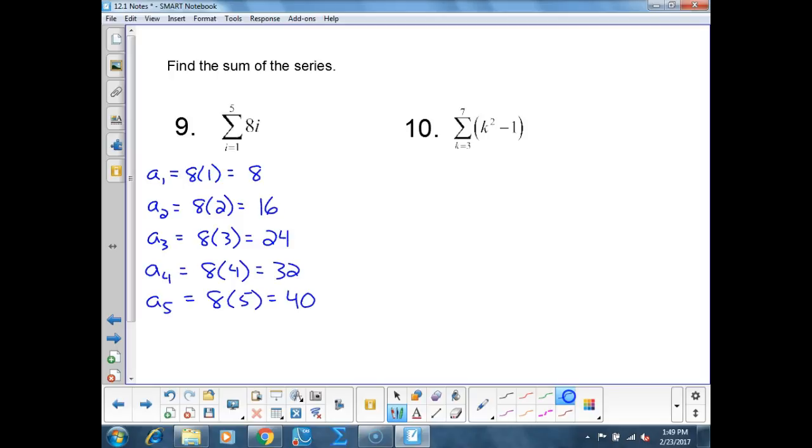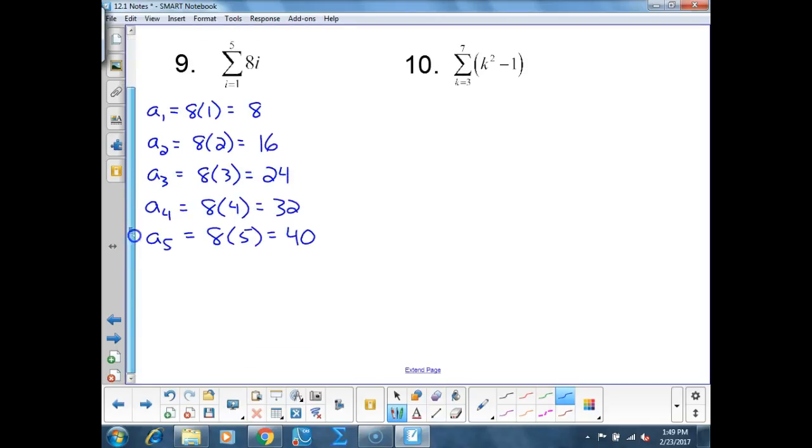Sigma notation means sum. The series is 8 plus 16 plus 24 plus 32 plus 40. So what is 8 plus 16 plus 24 plus 32 plus 40? This is equal to 120.